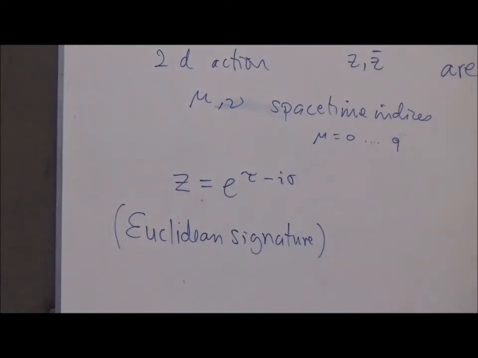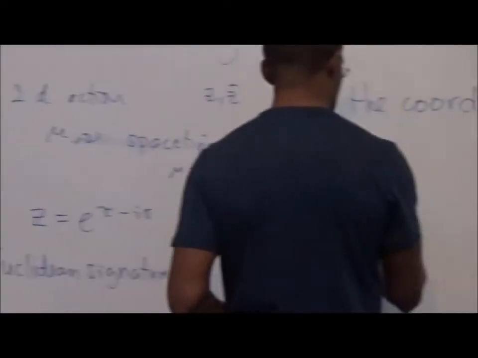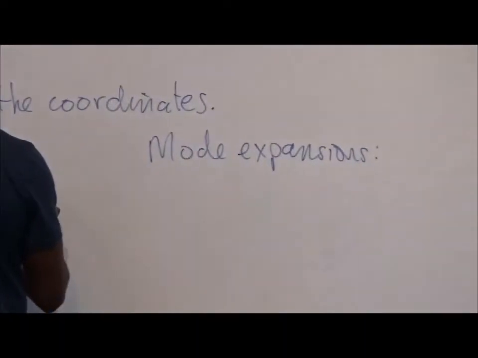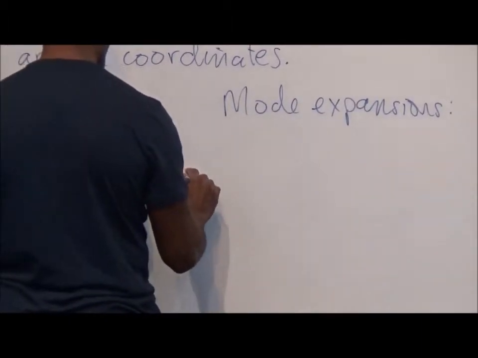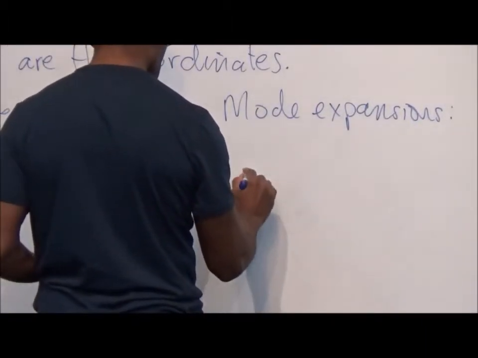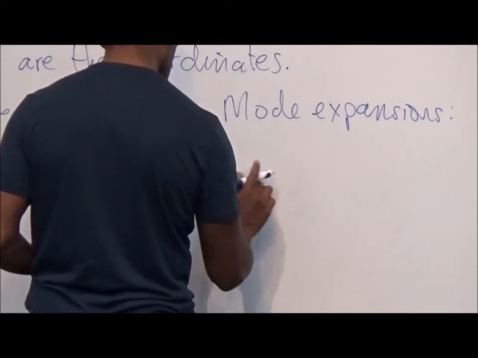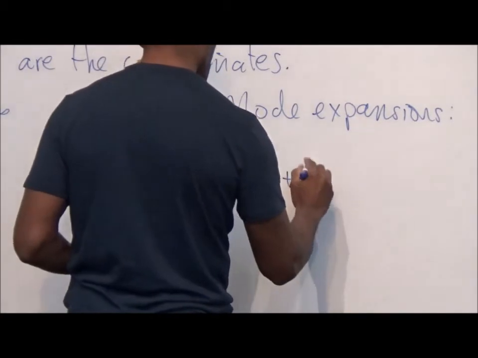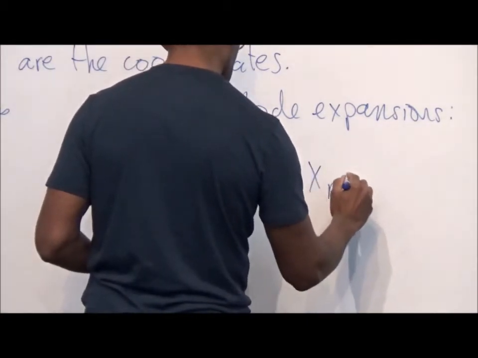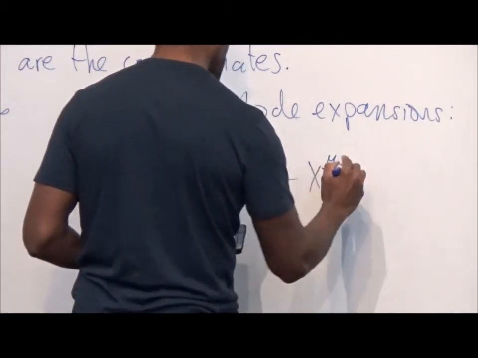So generically, I'm going to be writing down x as a function of those two coordinates as a sum of pieces that look like this. I'm going to call one x left and the other x right.